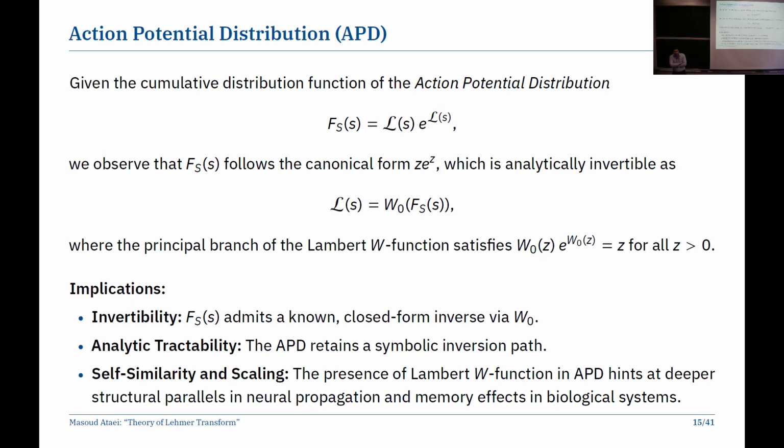The Lambert function itself arises in various areas of mathematics, such as delay differential equations, branching processes, and exponential growth processes. The presence of Lambert W function here hints at deeper structural parallels in neural propagation and memory effects in biological signals.